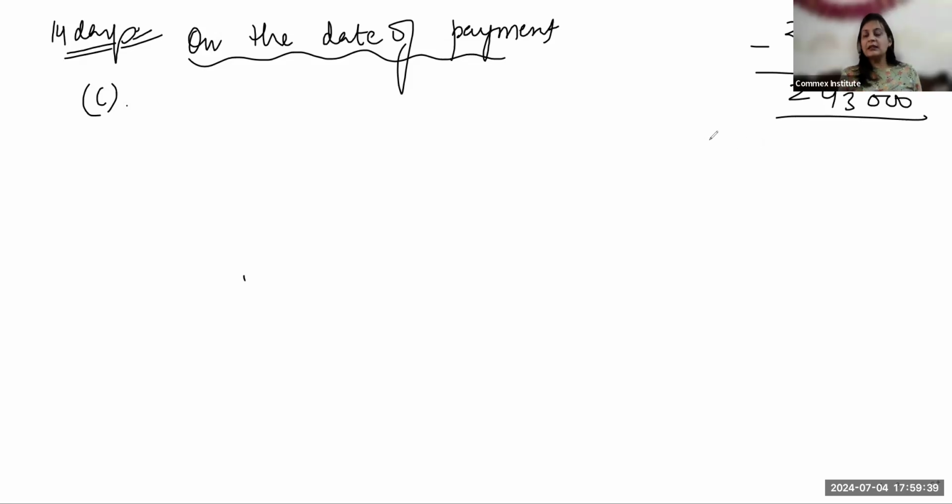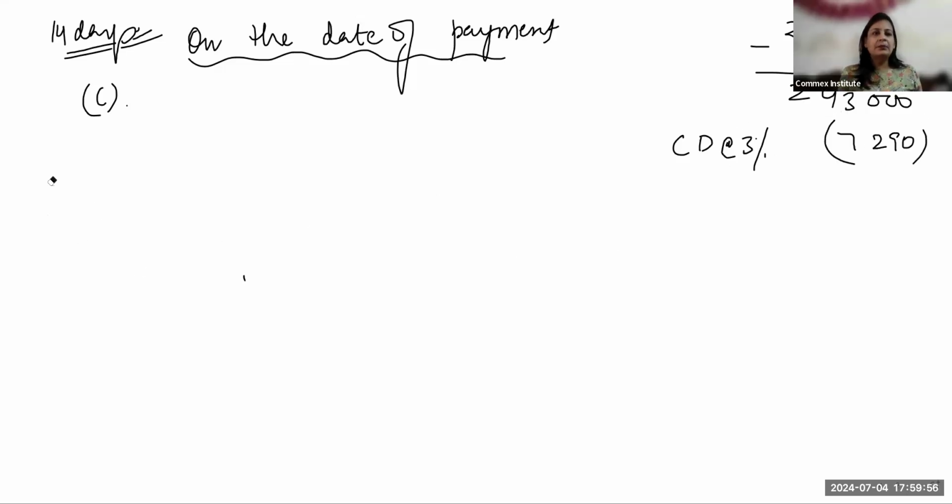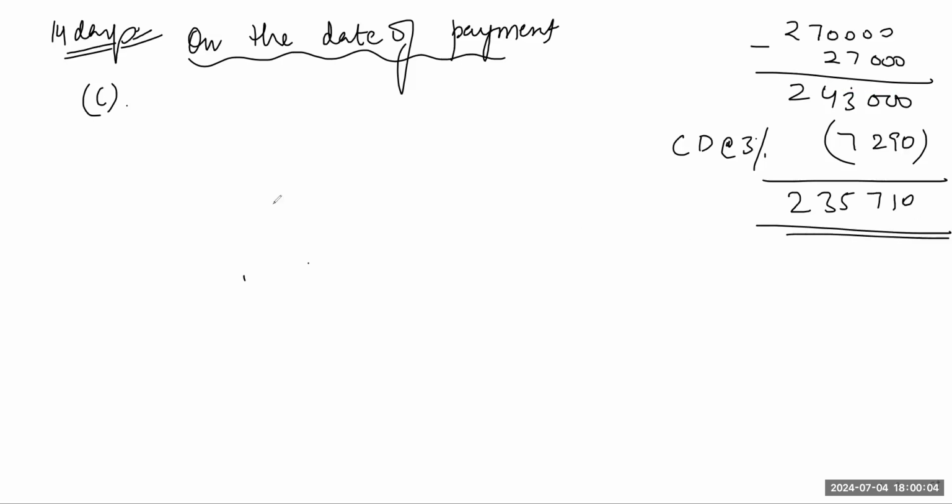And on this we get a cash discount at the rate of 3%. Okay, so we have to get the discount on 243,000 at the rate of 3%. That makes it 7,290. This much discount we will have, and the final payment which we'll be making would be 2,35,710. This is the final payment.